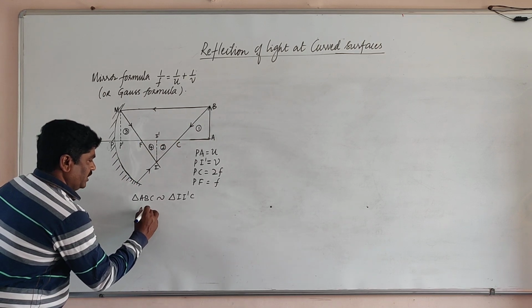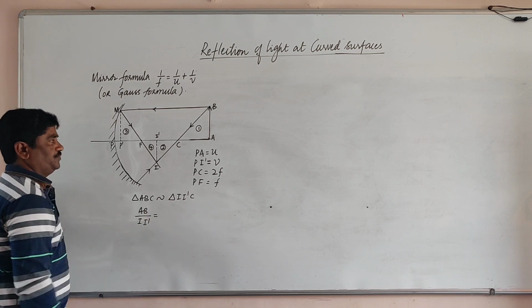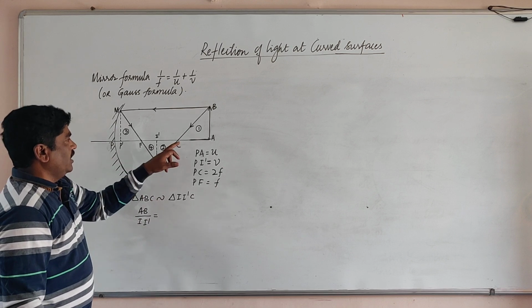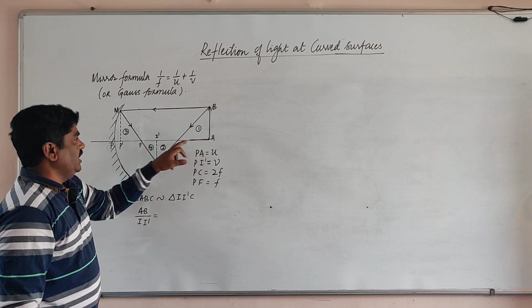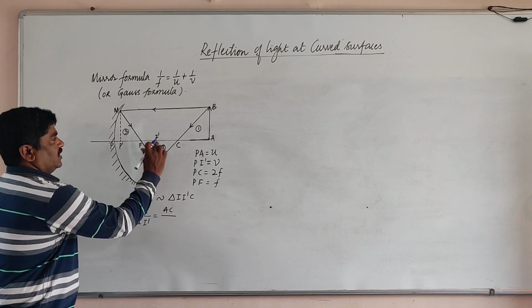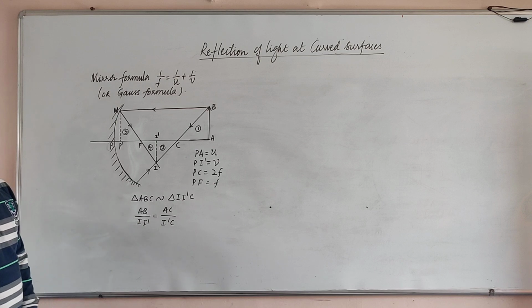Therefore AB by I dash is equal to, AB is the height, I dash is the height. Next, the base ratio: AC, and the adjacent side is I dash C.